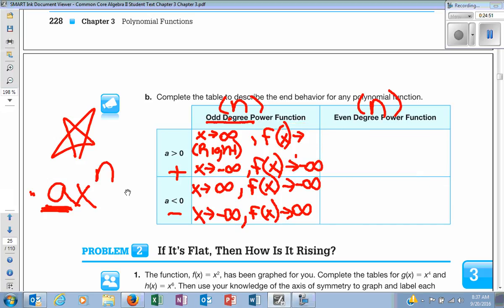What do I know about evens and their positive? As x goes to infinity, my y is going to go to infinity. See if you understand what I just said a second ago. As x goes to negative infinity, where's my y going to be going to?